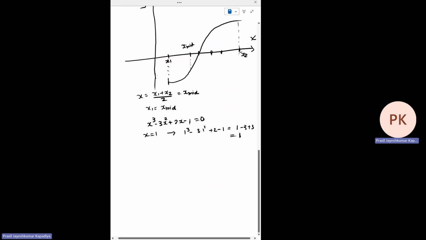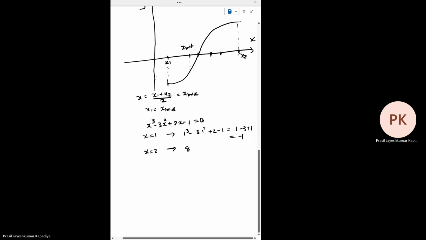So it will be like this, 1 minus 3 plus 1. So I'm getting a negative number, minus 1. Then x is equal to 2, I'm getting 1. So what does this mean? My solution is lying between 1 and 2.